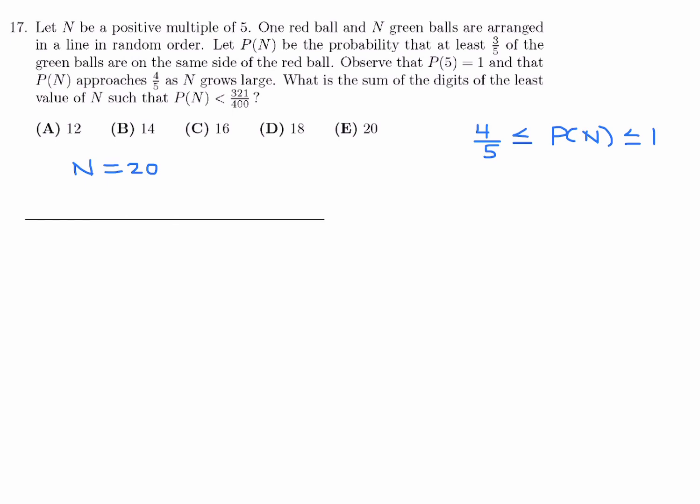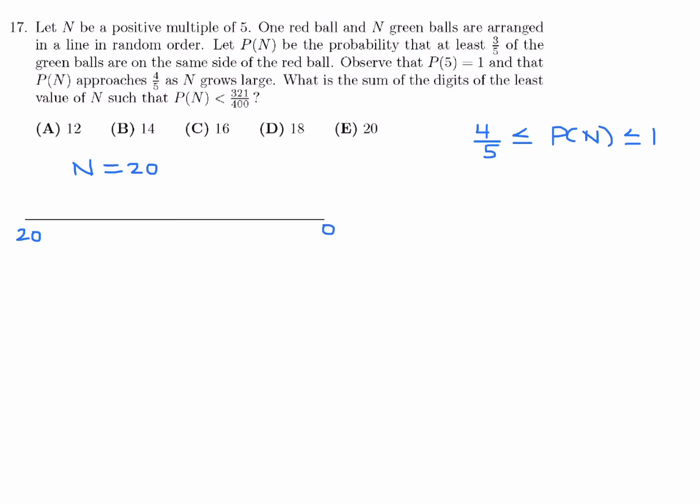So we've got our number line, 0 to 20, and we want to see when it is true that at least 3/5 of the green balls are on the same side of the red ball.